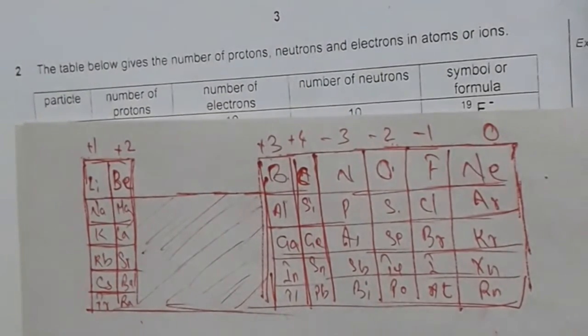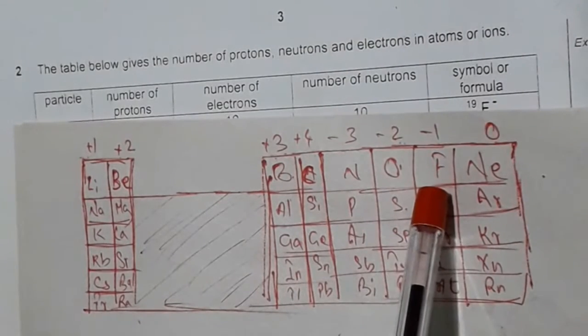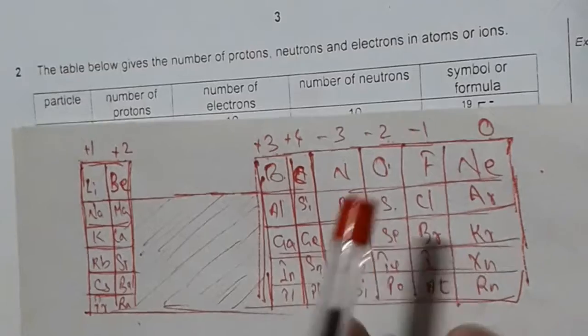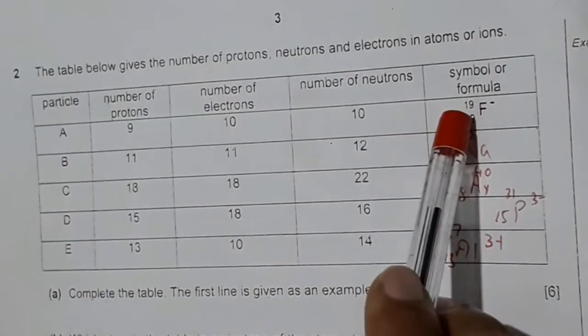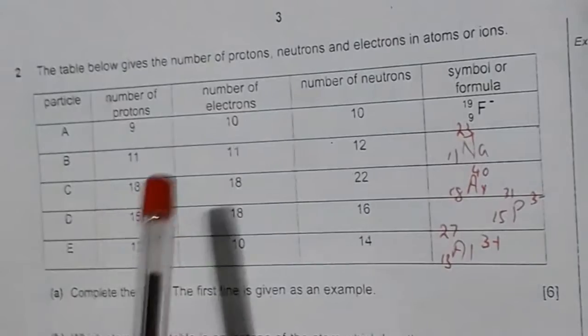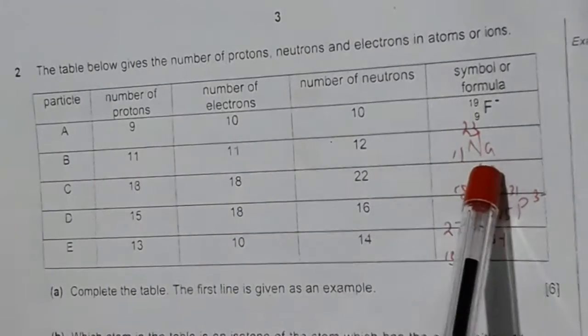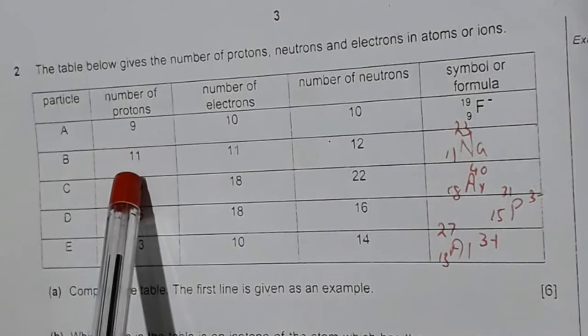From the periodic table you can see fluorine, atomic number 9, and also from the periodic table you will get the numbers 9 and 19. Similarly here, 11 you have to complete. Which element consists of proton number 11?